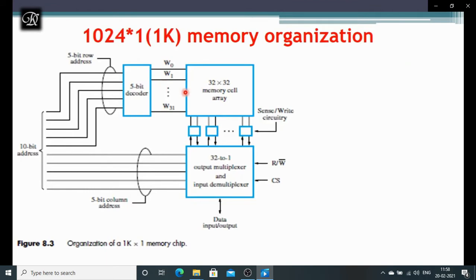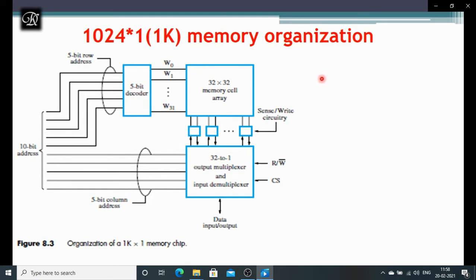Let's see the example diagram rather than discussing theory. This is the 1K cross 1 byte memory organization, where we have 10 address lines. Rather than having the memory cells serially one after another, we are going to go with the concept of a matrix.